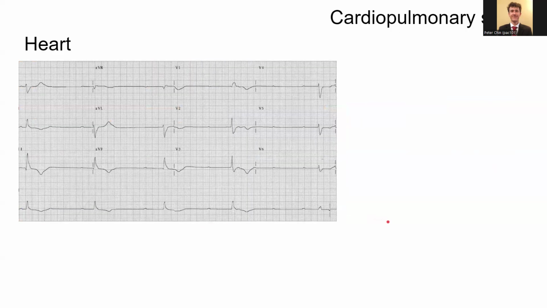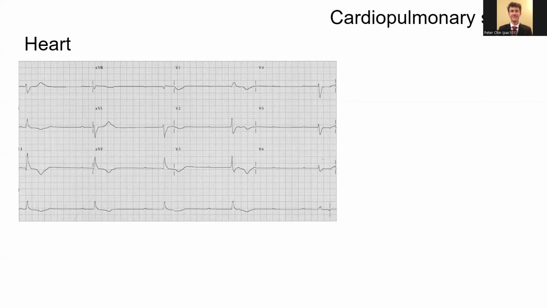Okay, so here's a different EKG. Right off the bat, you can tell it's slow, very slow. And this also gives me an opportunity to say, if you're looking at an EKG, one of the things that people think about is you want to calculate the heart rate by dividing 300 by the number of big boxes between QRS complexes.